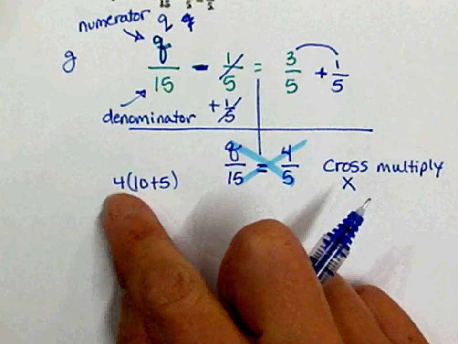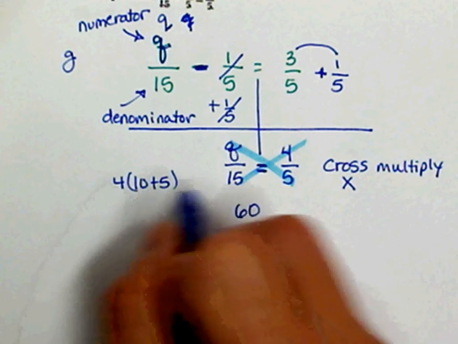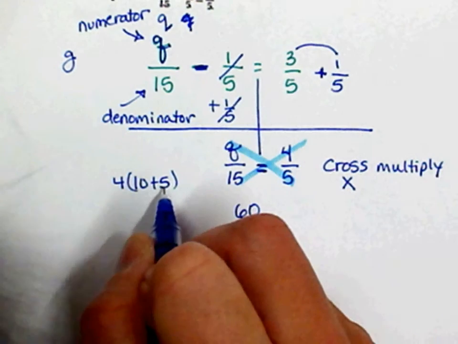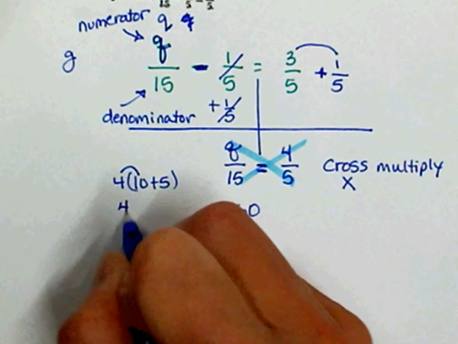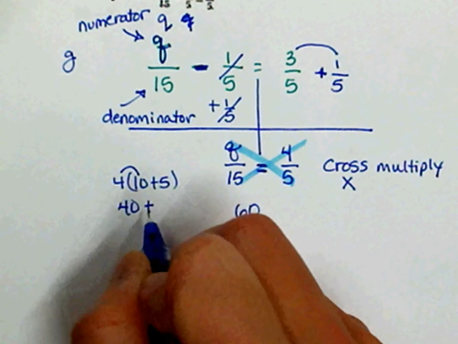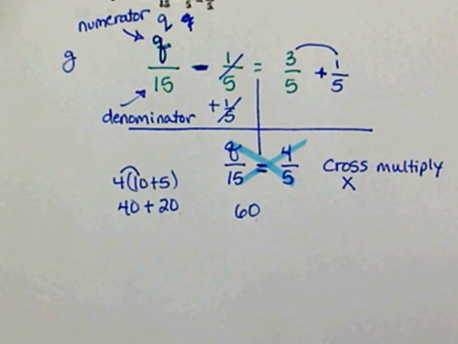Here's the way you could do it. 15 is the same as 10 plus 5, right? What is 4 times 10? What is 5 times 4? What's 20 plus 40? 60. Did you know you could do your math like that? Yeah? Did you learn something today? Awesome. So 15 is the same as 10 plus 5, because 10 plus 5 is 15, isn't it? Yeah, there you go. You can do it like that.